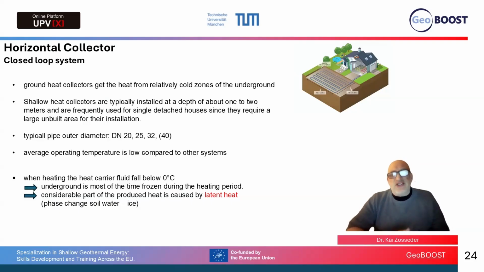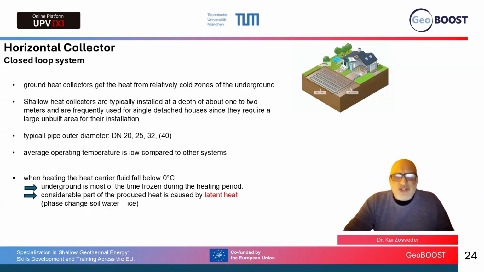By this phase change from soil water to ice, we can use the energy which gets free from the phase change, which is called the latent heat. So the temperature in the underground then stays stable for a specific time, but we can actually use this heat to heat the house as well. So these are quite favorable conditions for horizontal collectors.